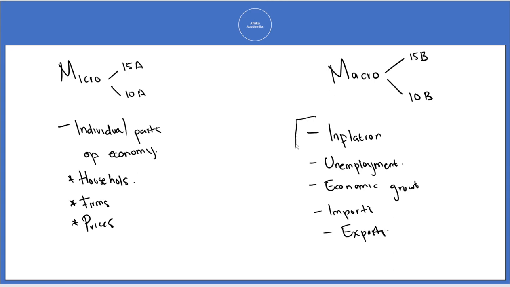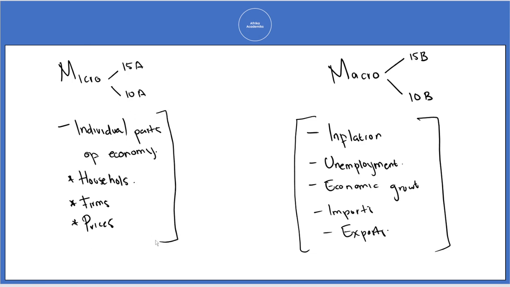This is macro. So this means, now that you know the difference, when you pick up a question paper and you see inflation or you see unemployment, you know this is 15B or 10B. And then when you pick up a question paper and you see a question that says calculate the demand for tomatoes or apples or bananas or whatever, you know, here I'm dealing with micro.